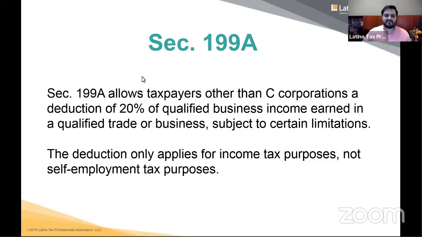But the qualified business income must be earned in a qualified trade or business, subject to certain limitations. Also, the deduction only applies to income tax. It does not apply to self-employment tax. So it's not going to reduce your self-employment tax. You still have to pay that.